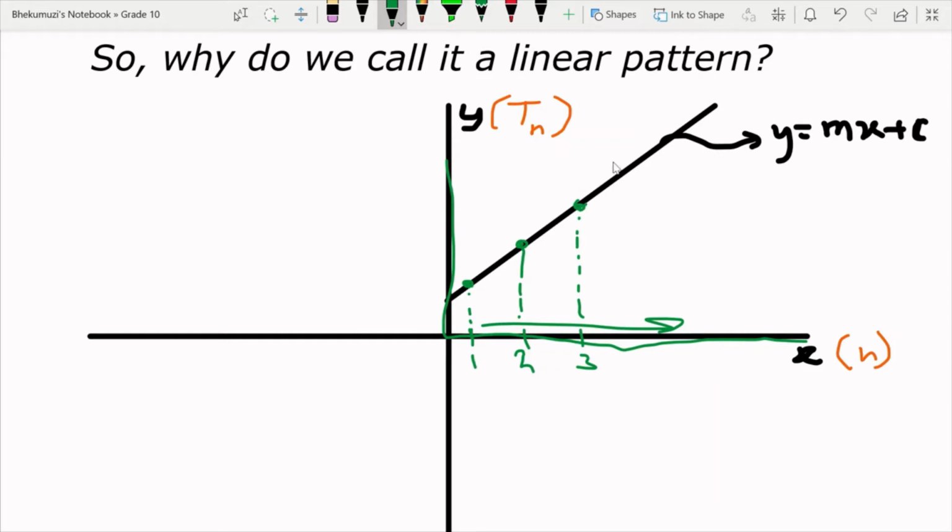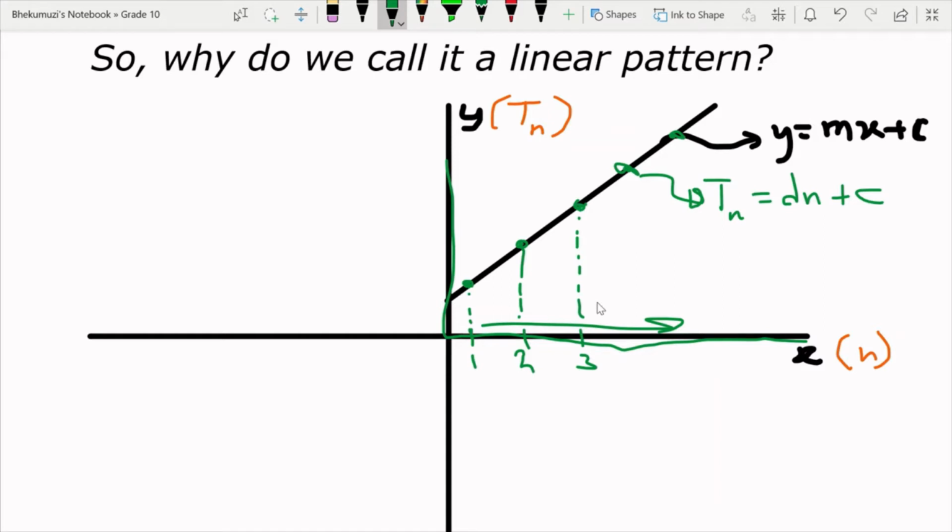So in actual fact, it would be dots that follow a straight line that form a linear pattern. And a linear pattern's formula would be similar to the normal function formula of a straight line, right? So that is the difference.